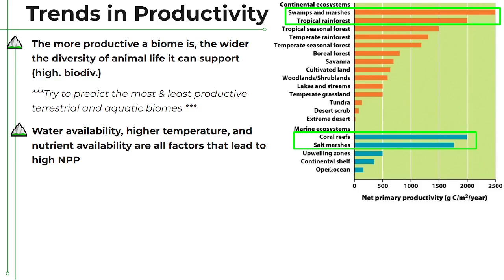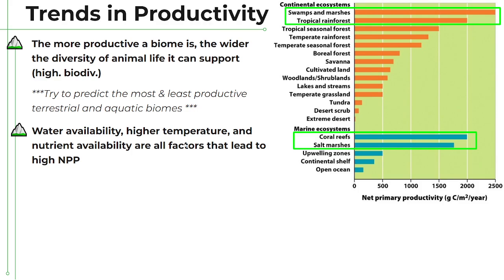The open ocean, despite being a very large area and having the most algae on the planet, is actually low in terms of productivity, because the amount of energy being captured is spread out over such a large area that it doesn't end up quantifying as a very productive area by this measure.